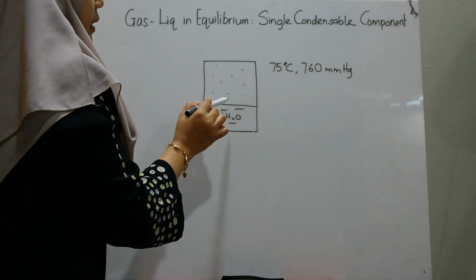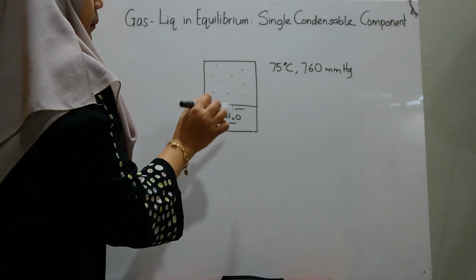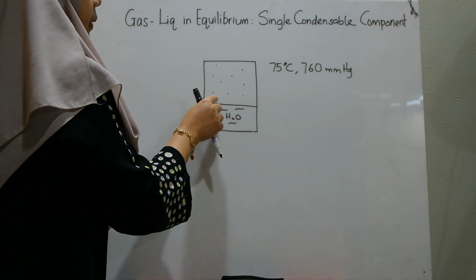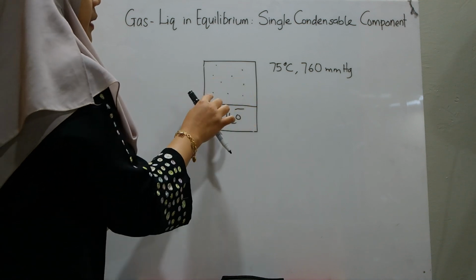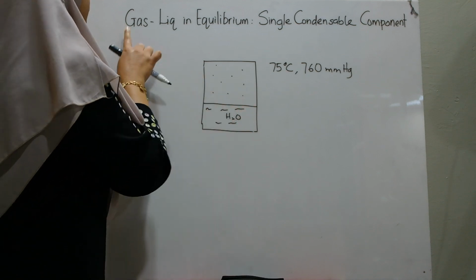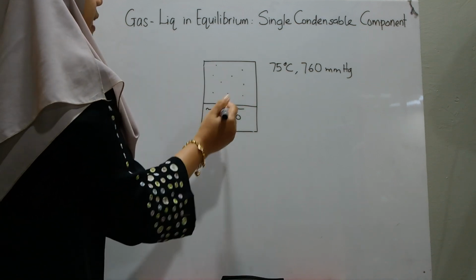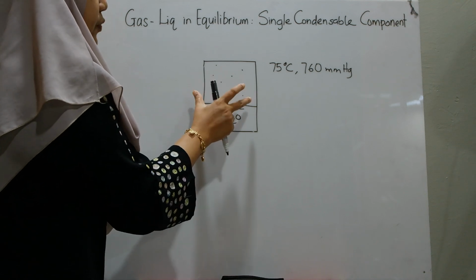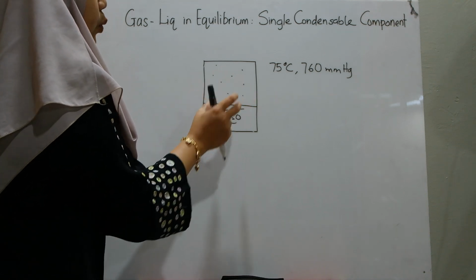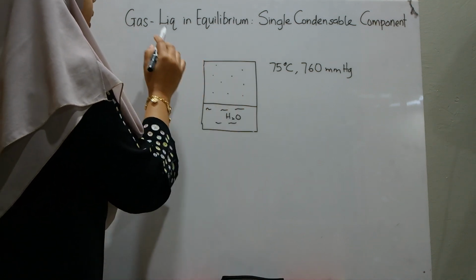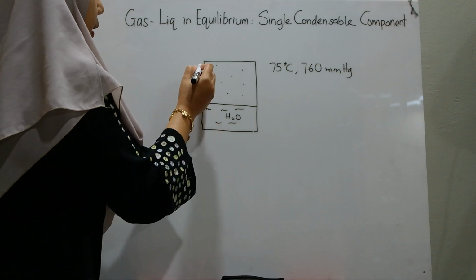When there's no transfer of water vapor into the gas phase anymore, where the gas phase is already saturated with the water vapor, that is the condition we call gas liquid in equilibrium.